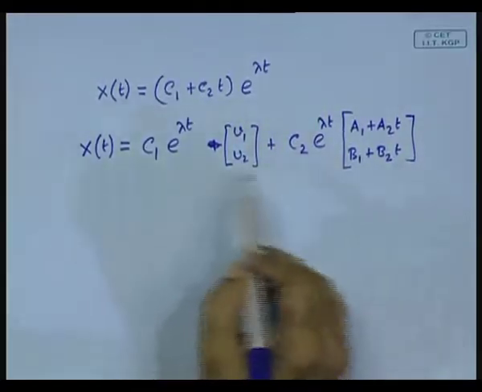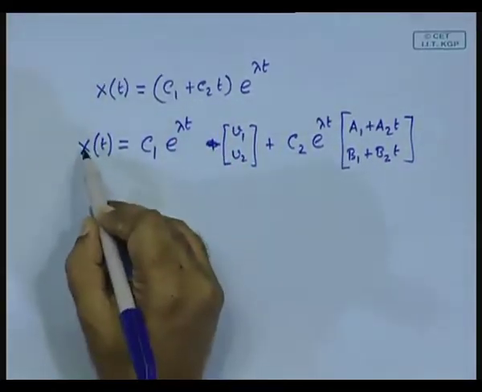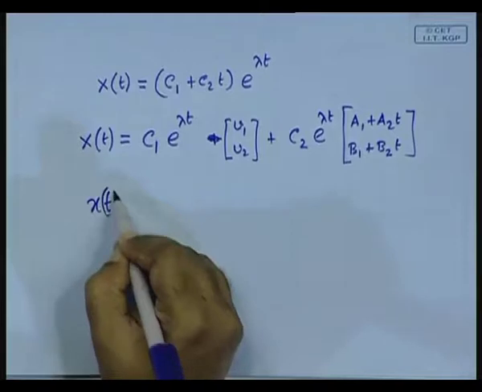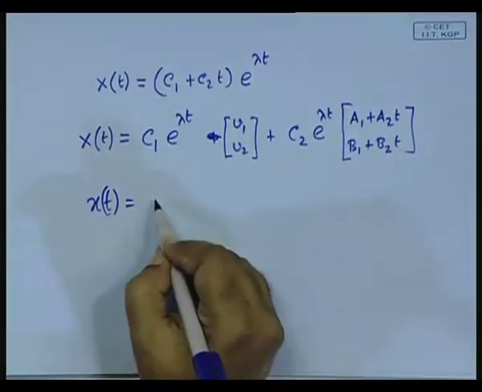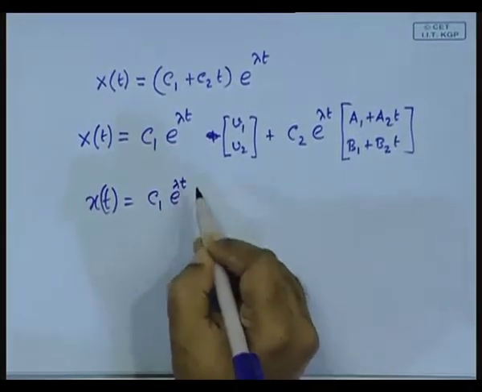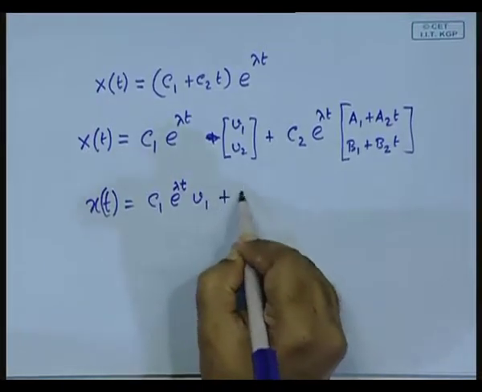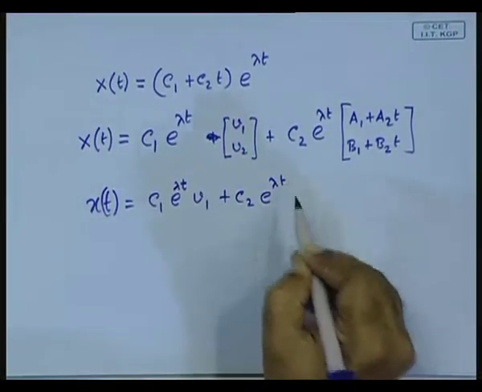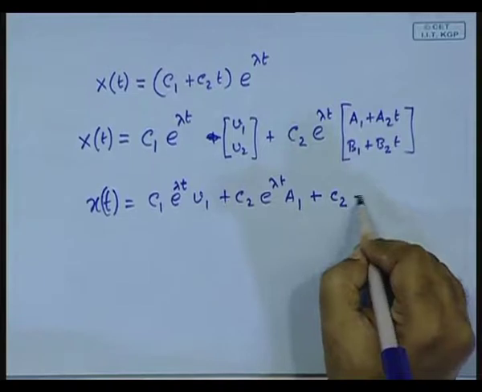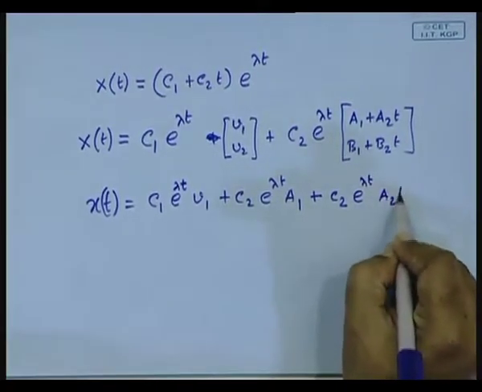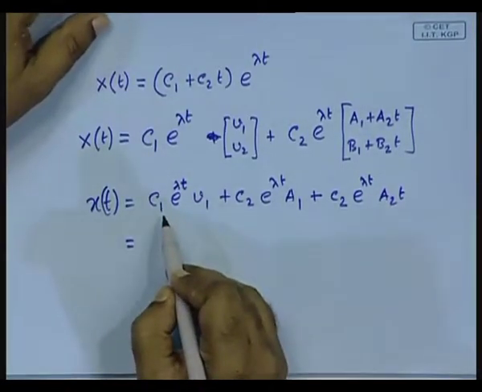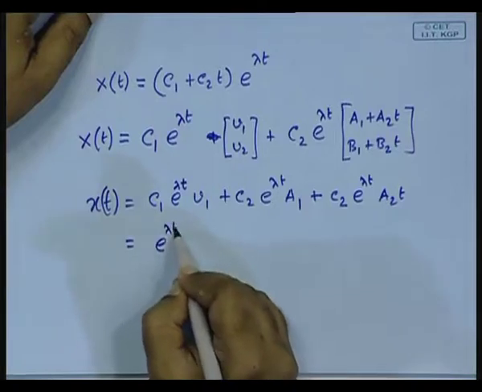Now, the reason that I abbreviated this was, suppose you are talking about the first line which is x t and the second line is y t. So, your x t is C1 e to the power lambda t V1 plus C2 e to the power lambda t A1 plus C2 e to the power lambda t A2 t. Now, we can club them as e to the power lambda t times something.